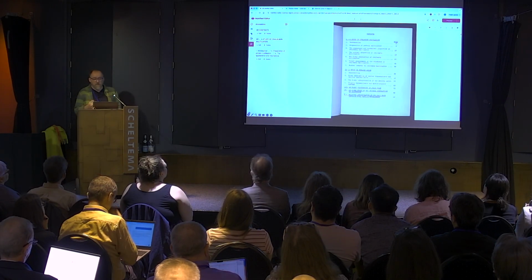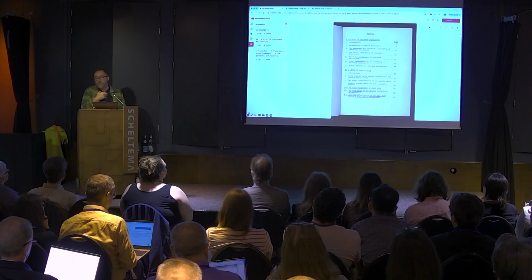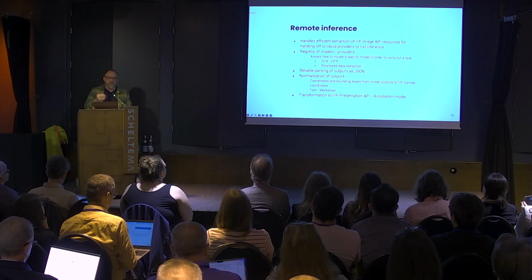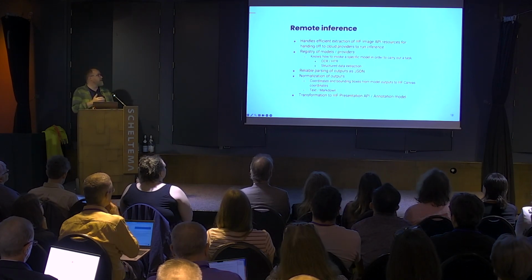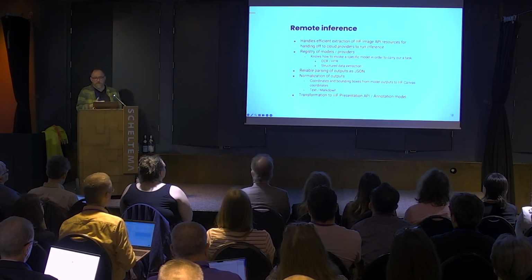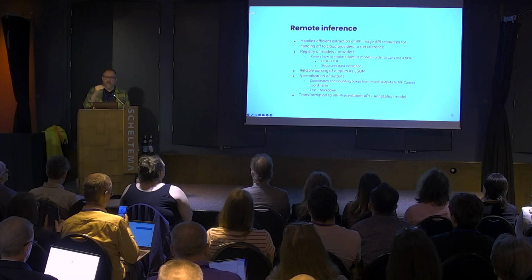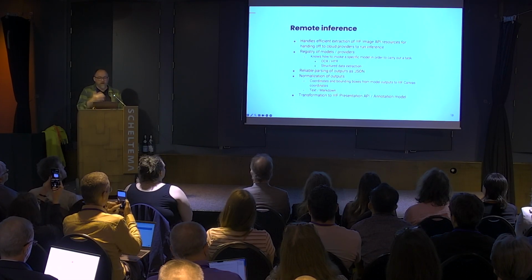But I can then use this to evaluate, okay, can I do this with my local in-browser model or something bigger? So what the remote inference service on the back end is handling is kind of efficient extraction of IIIF image API resources to hand off to some cloud provider to run the inference.